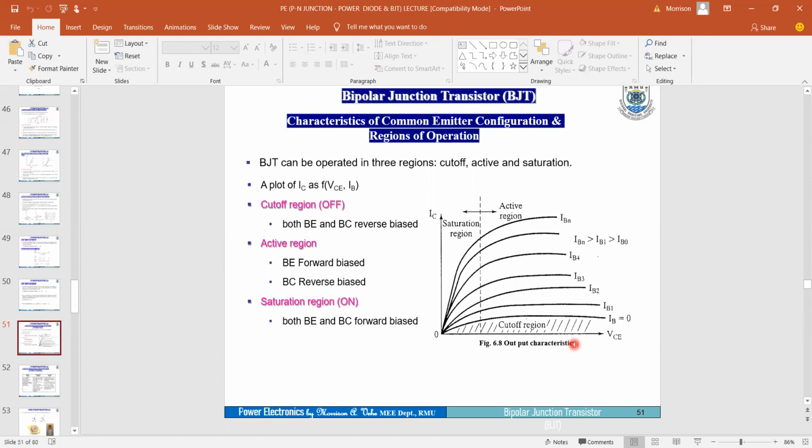Or maybe I should ask you, is this an input or output characteristic curve of BJT, what we are seeing in figure 6.8? It's an output characteristic curve. So, obviously, an output characteristic curve.